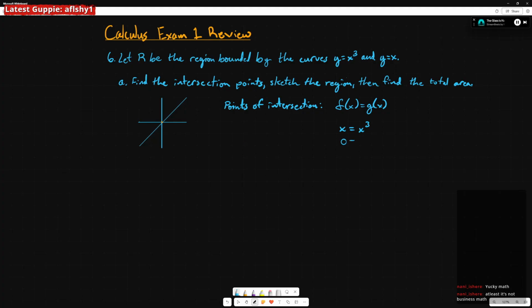So now we can say 0 is equal to x cubed minus x, which means 0 is equal to x times x squared minus 1, which means x is equal to 0, 1, and negative 1, because 1 and negative 1 can go into x squared, and 0 goes into this outer one.